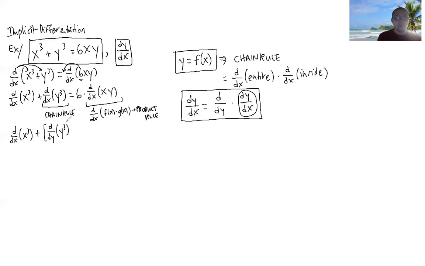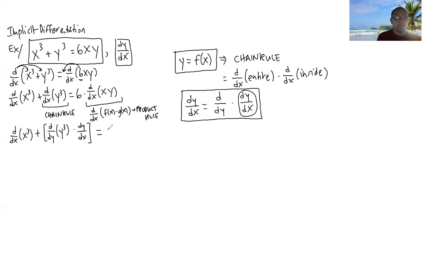This would be considered the derivative of our entire term, multiplied by dy over dx, because y is a function of x, okay? And this is one of the terms in this example that we're going to be looking at.